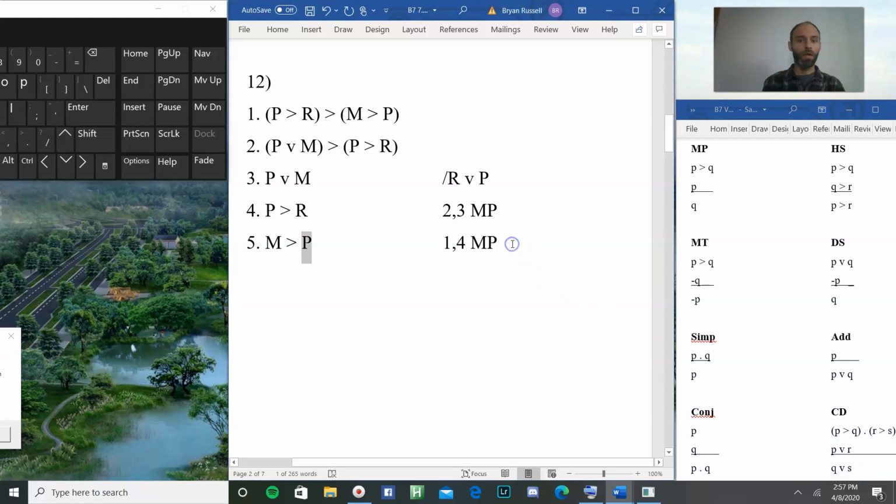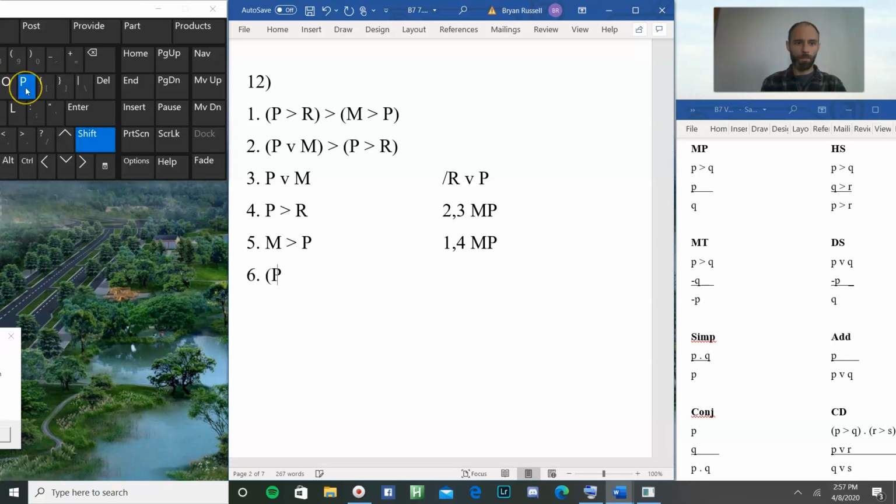So we need to just conjoin 4 and 5 to get P horseshoe R and M horseshoe P. And that was just 4, 5, conjunction.